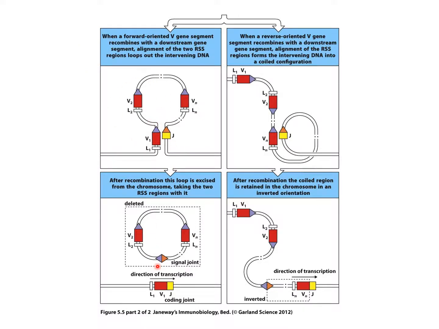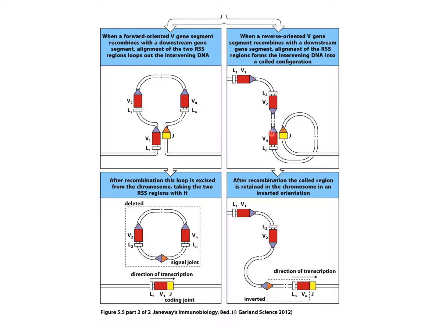With this direct looping out, you're going to have a complete loss of all downstream V domains. Here it happens to be V1, so you lose 2 through 30 whatever. If this happened to be V10, then you would lose 11 through 30 whatever.